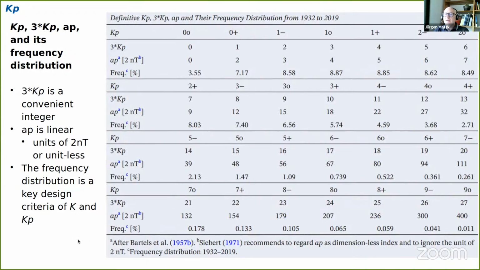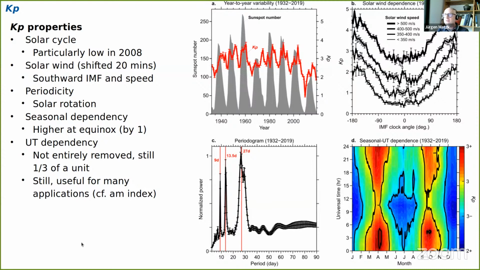Right, KP properties. On the top left plot, you can see the sunspot numbers since 1932. In gray, you see the individual solar cycles, and you can see mean KP values, which of course have not been calculated directly from KP values, but have been changed to AP values.